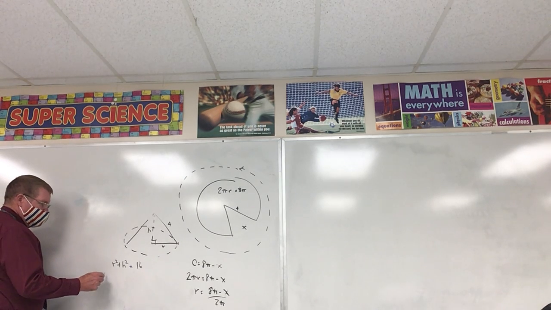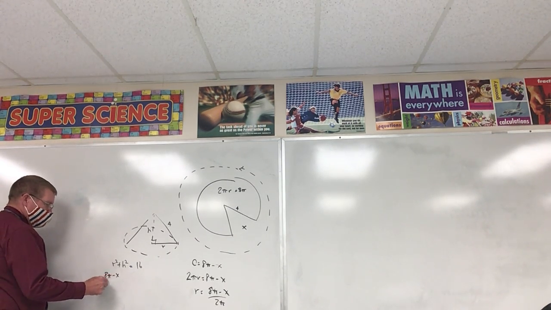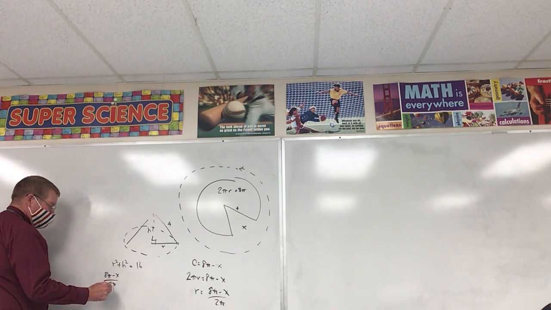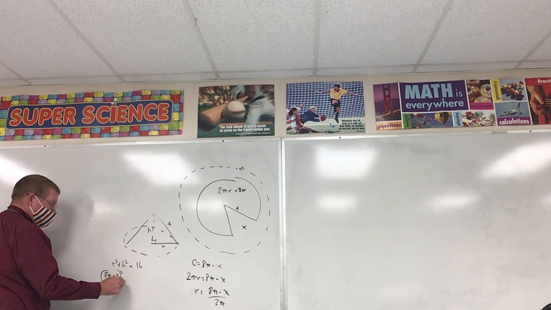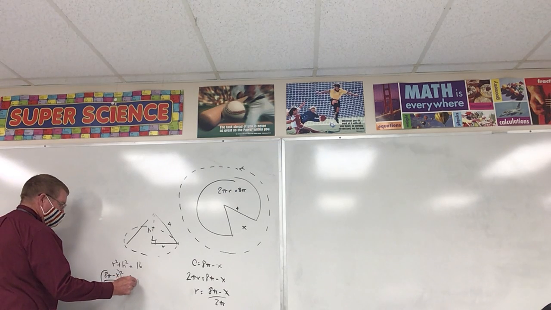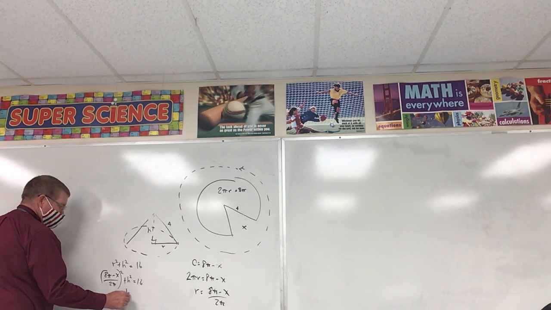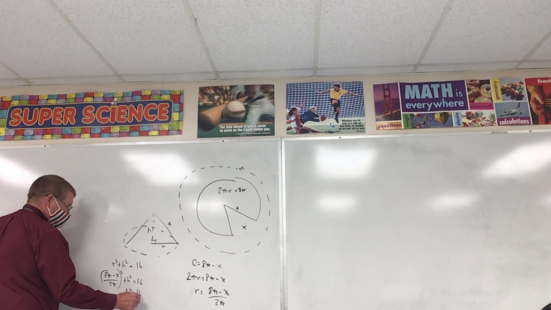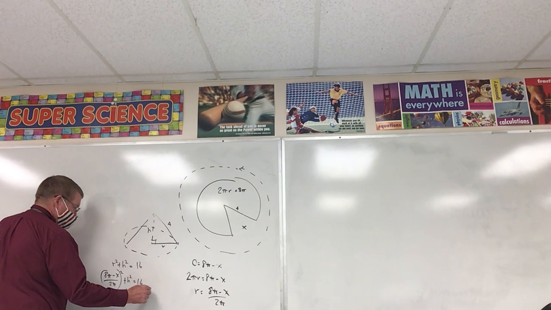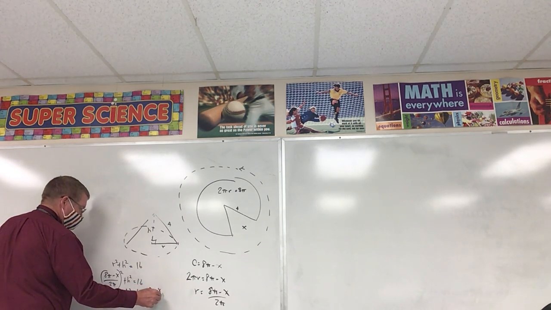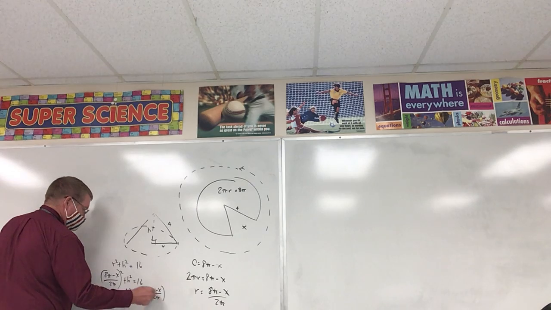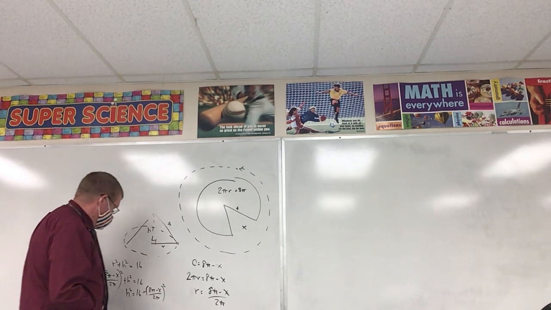So therefore this is going to be 8 pi minus x over 2 pi, squared, plus h squared equals 16. h squared equals 16 minus (8 pi minus x over 2 pi) squared.